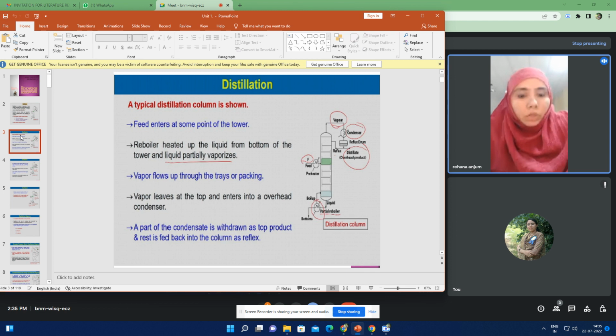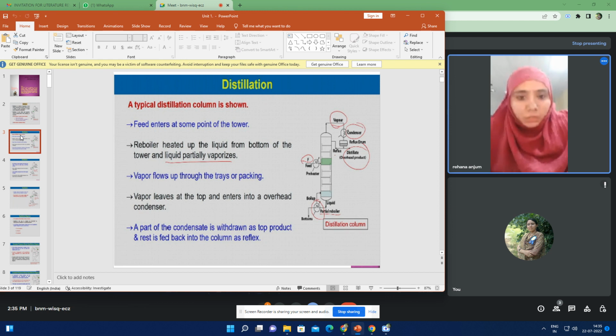So the vapor leaves at the top and enters the overhead condenser. You can see here the vapor is leaving at the top of the tower, and at the top of the tower we have a condenser in this figure.